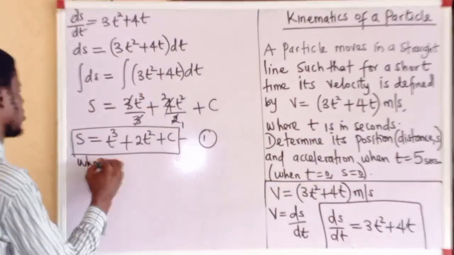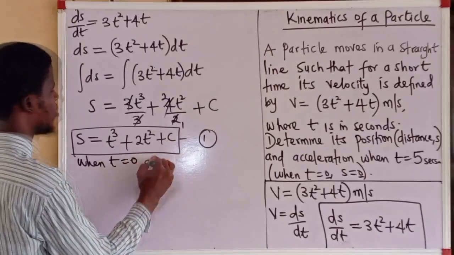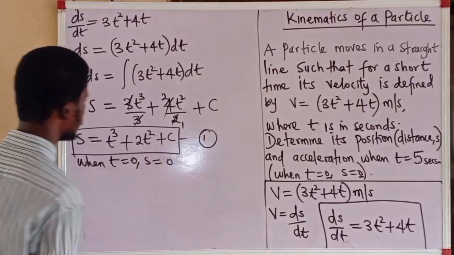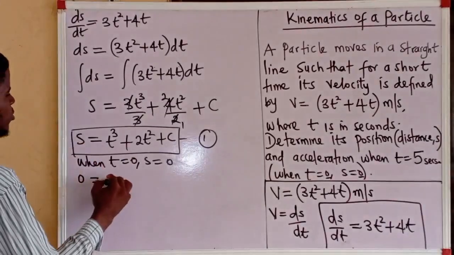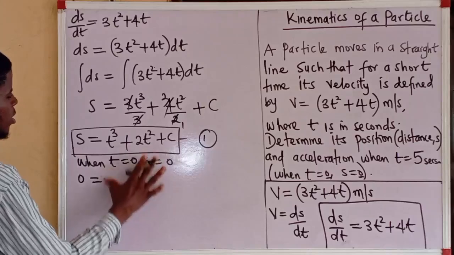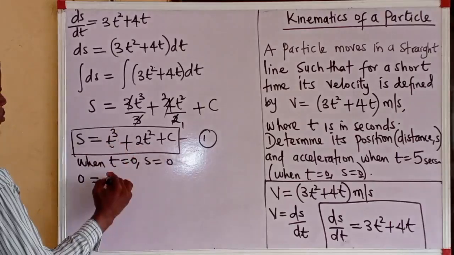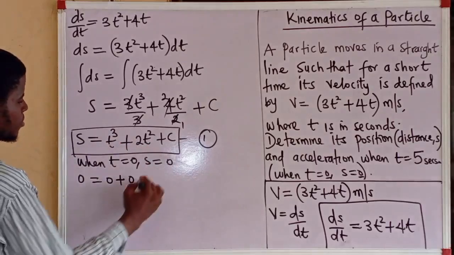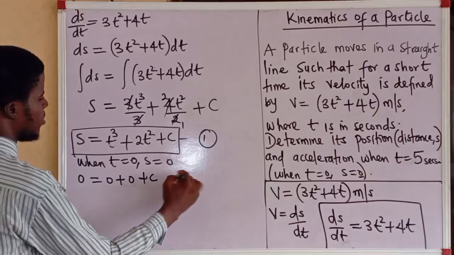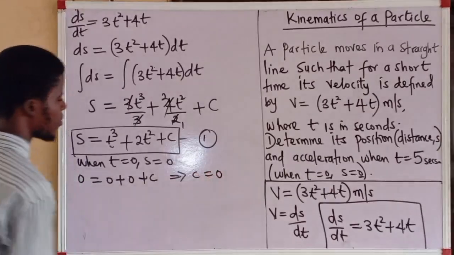So when t is equal to 0, s is also equal to 0. So plug in 0 for t here: 0 is equal to 0 cubed plus 0 plus c. And this implies that c is equal to 0.